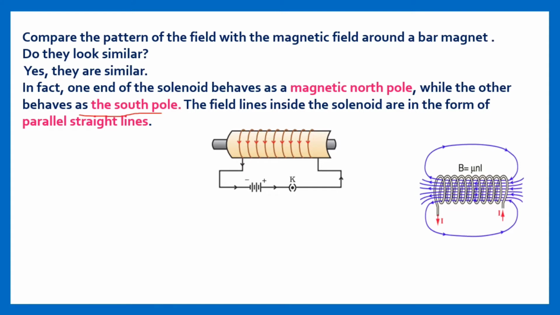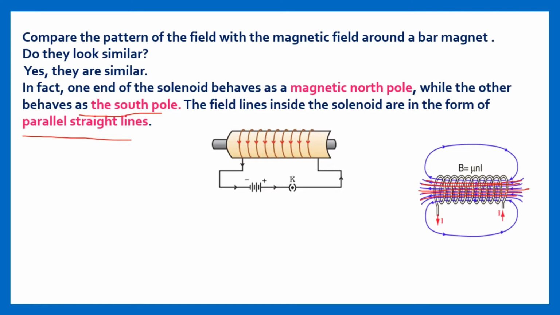And the field lines inside the solenoid are in the form of parallel straight lines. Here you can see the magnetic field lines inside the solenoid are parallel to each other. Are you following my red marker? If you are following the red marker, you can see the parallel magnetic field lines inside the solenoid.